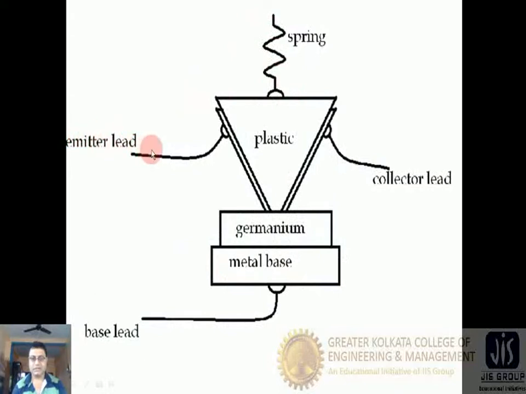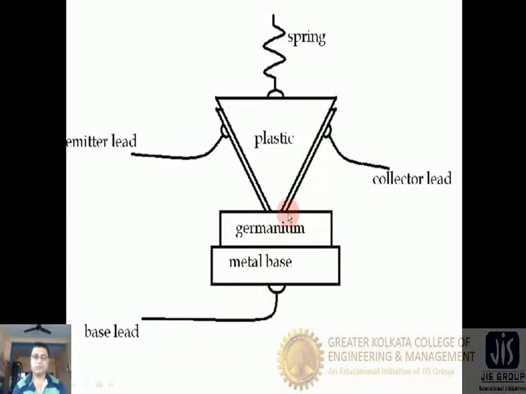A transistor has three terminals. One is emitter, one is base, another is collector. The emitter terminal emits the majority carriers, the collector terminal collects the carriers, and base is the control terminal of the transistor, where the current or the carrier flow from the emitter to collector can be controlled with the help of base.